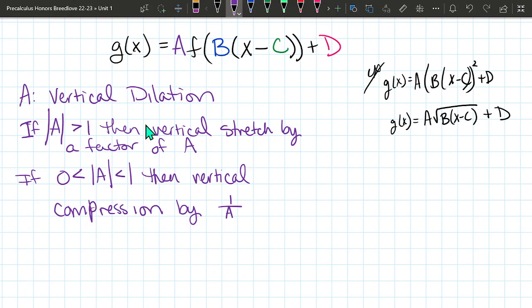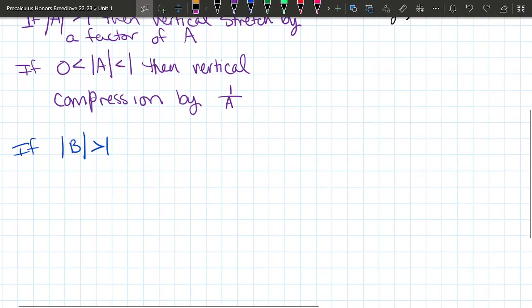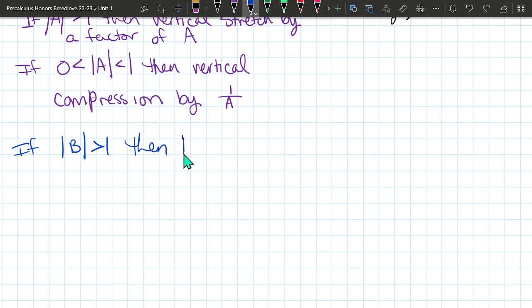B is horizontal dilation. So if the absolute value of b is greater than 1, then you have horizontal... Which one is it? Horizontal stretch? Yes. Stretch, or compression? Because it's greater, right?